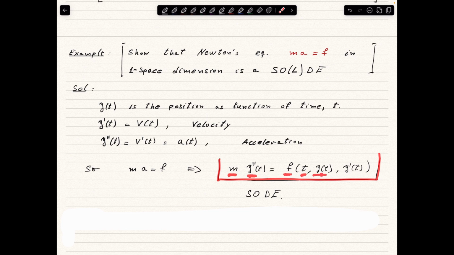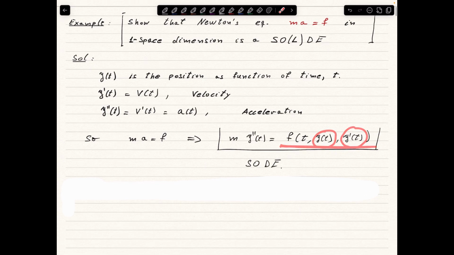The function can change also in position in space, and the function also can change depending on the velocity of the particle. As we see here, this is a second order differential equation, and this equation is going to be linear depending on whether the force is linear in the position and in the velocity.